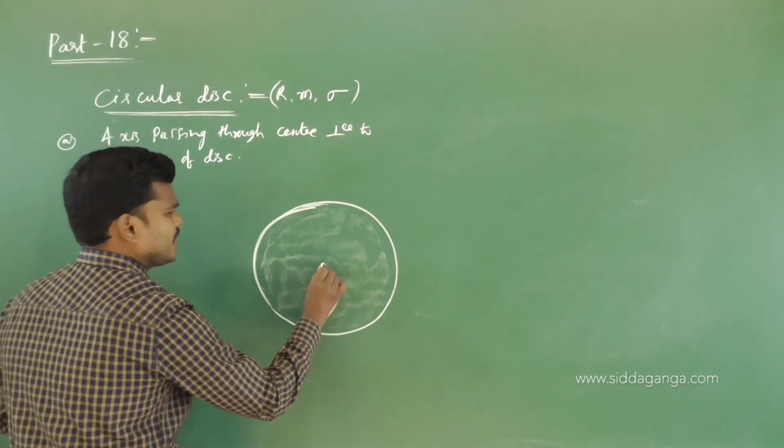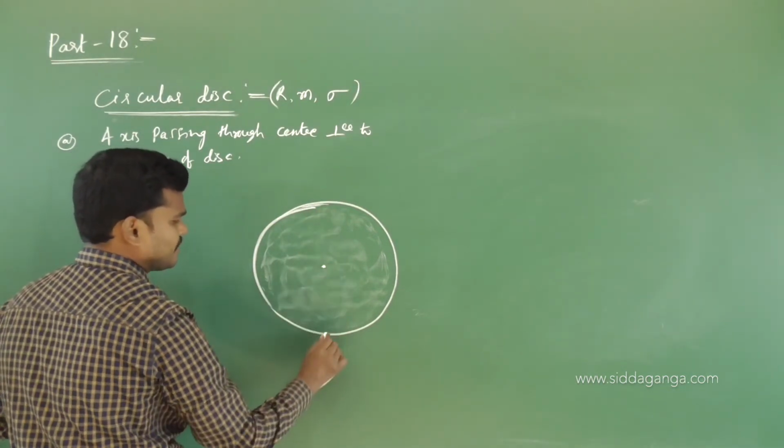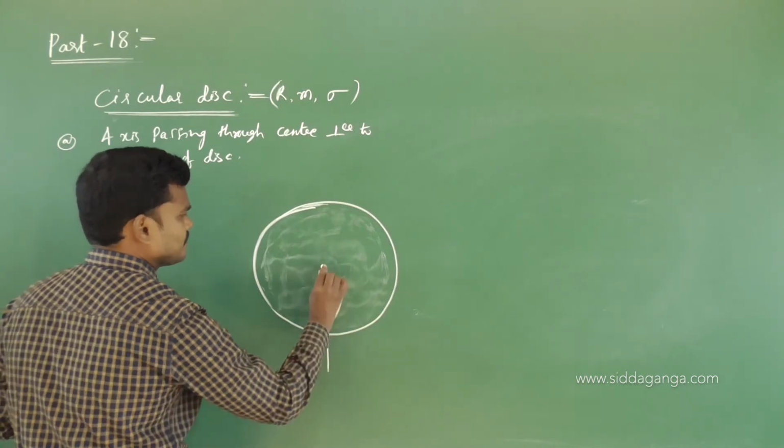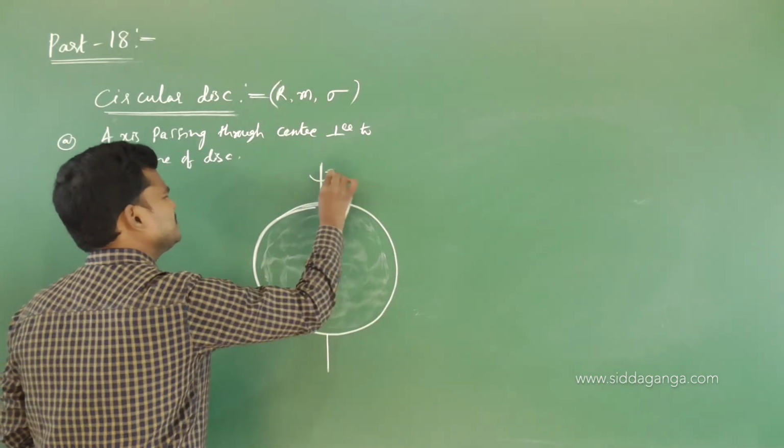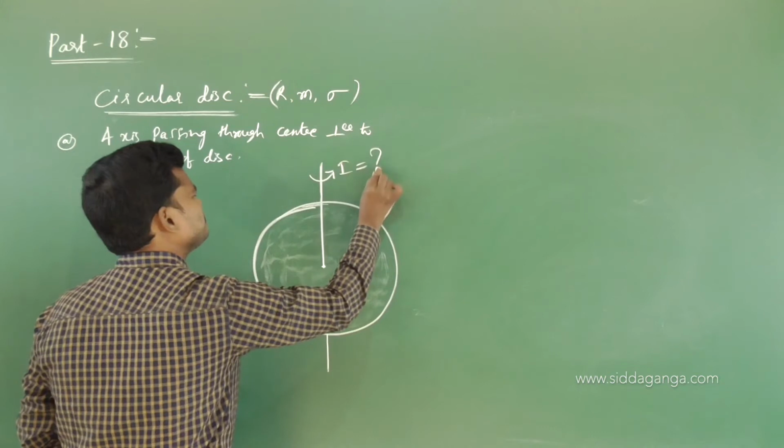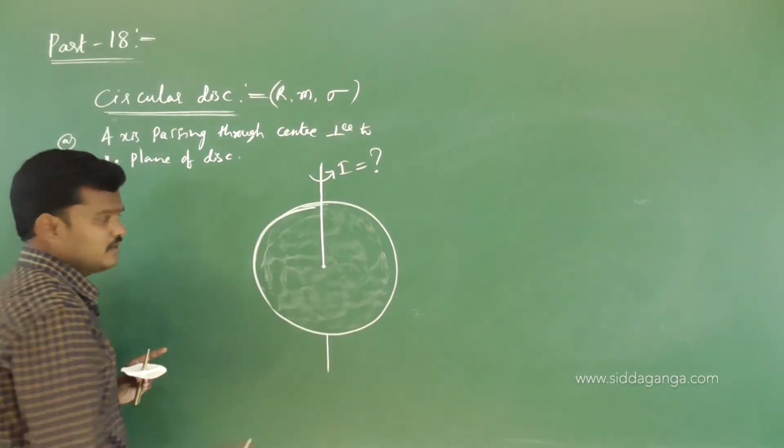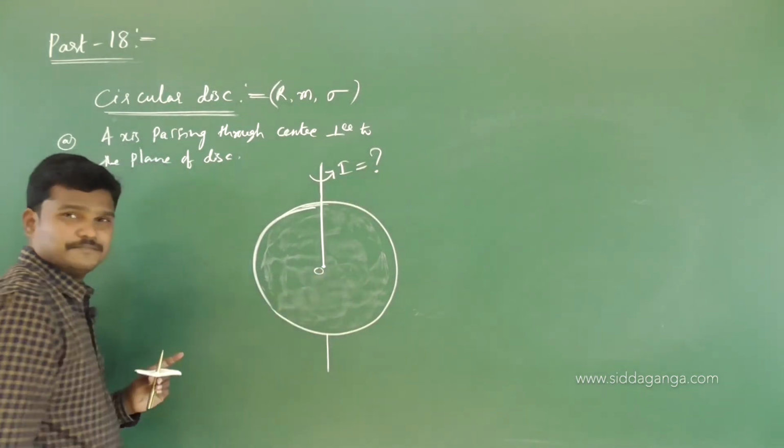Now axis passing through center perpendicular to the disc, about this is our target. Let us suppose this is the center.